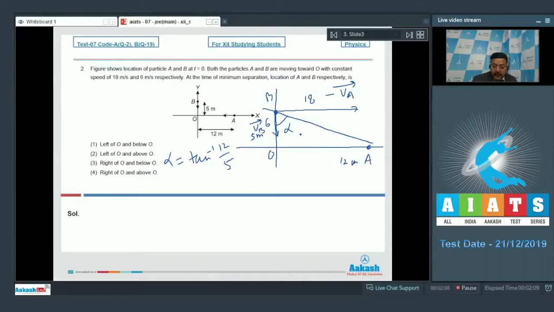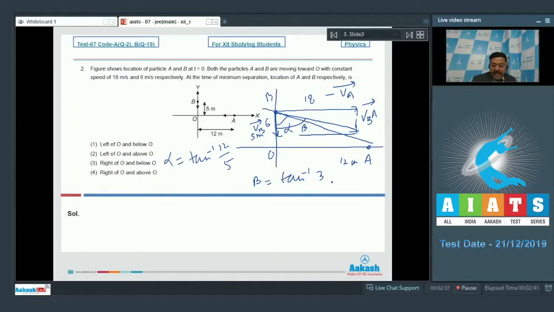And the velocity of B with respect to A will be the resultant of these two vectors, so it will be something like this. This is velocity of B with respect to A, and if I call this angle as beta, the angle beta is tan inverse of 18 by 6. That means tan inverse of 3.